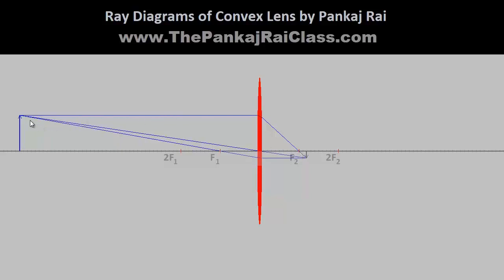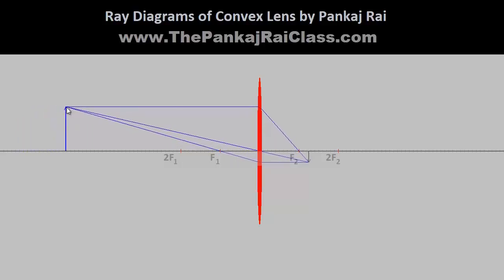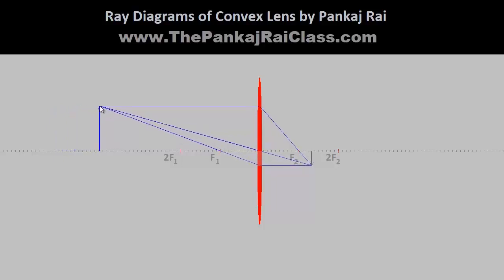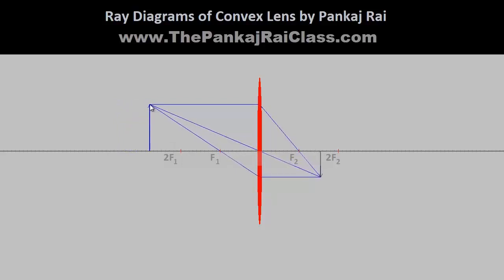Okay, now what if I again bring the object towards 2f1? Now if you see, the reverse process is happening. As the object is moving towards 2f1, the image is moving towards 2f2, and it is keeping on increasing its size, but still it is smaller as compared to the object, because still the object is beyond 2f1 and the image is being formed between f2 and 2f2.